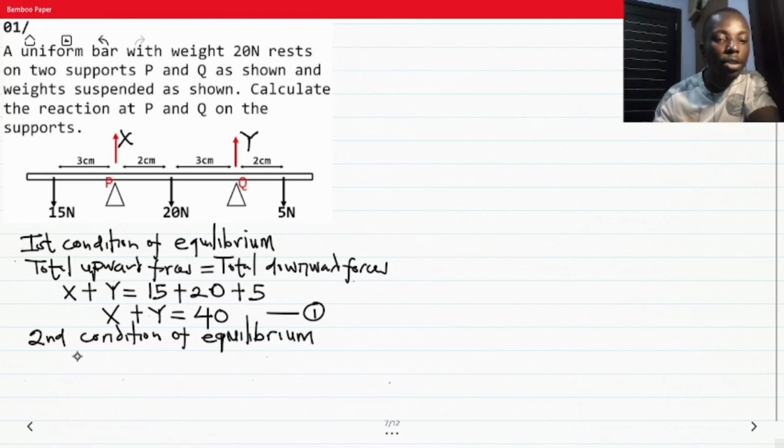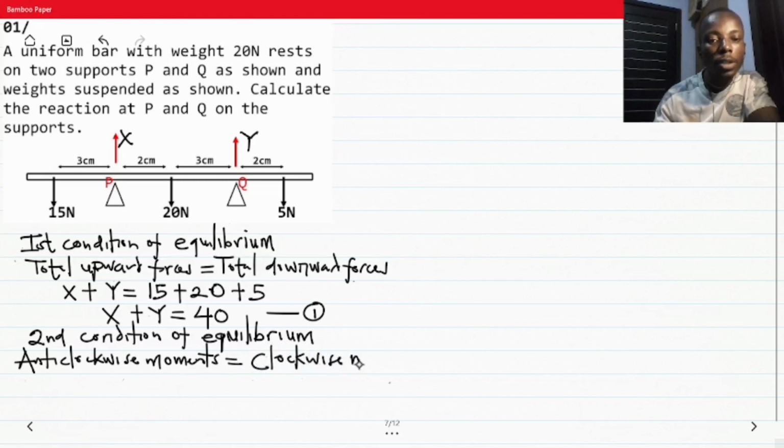And the second condition of equilibrium is the anticlockwise moment is equal to the clockwise moment.